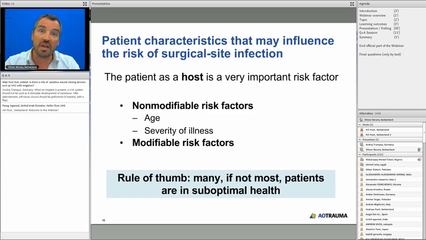We know that if there's an open fracture, even if we do all the most important parts of a good prophylaxis of infection, the open fracture as a non-modifiable risk factor is going to increase the risk of having an infection and of having a problem. And then we have for every patient modifiable risk factors, which I'm going to show you in just a few seconds. The rule of thumb is that for most of the people we are dealing with, we can improve their general health and the way they are doing.